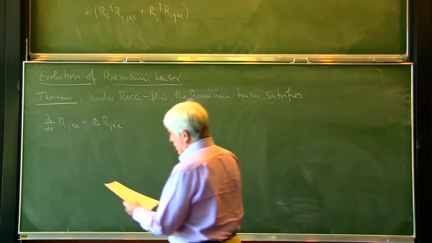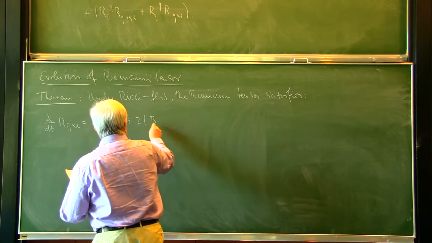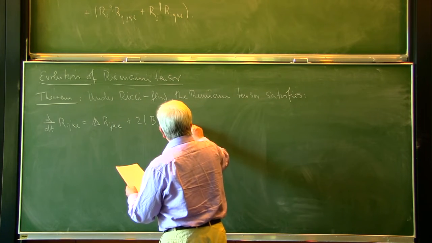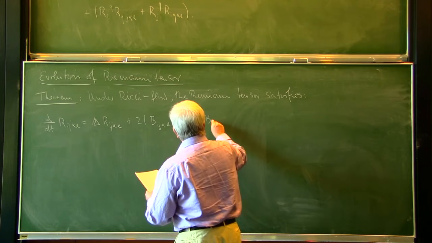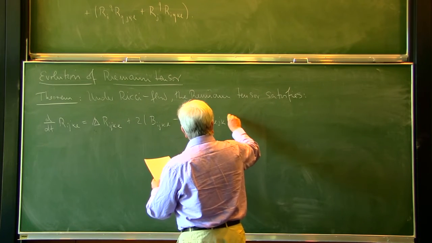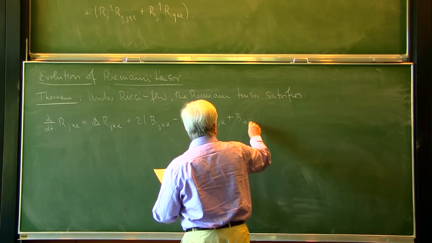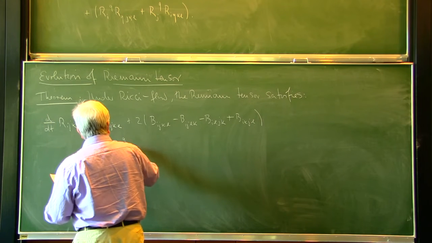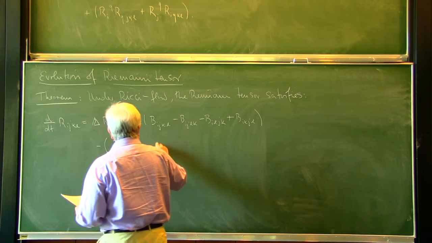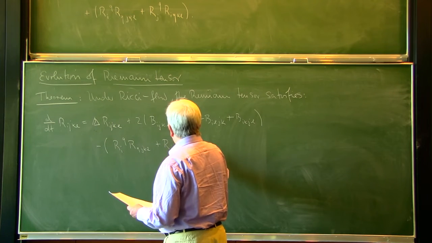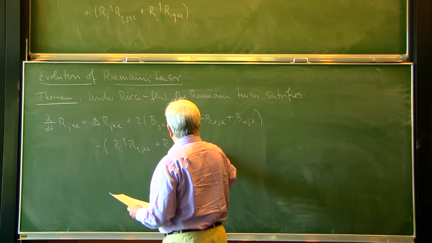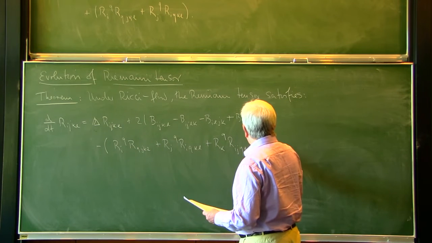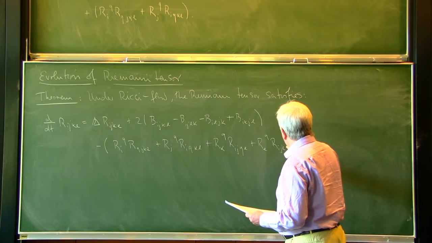So we get the Laplacian plus 2 times these quadratic terms, Bijkl minus Bijlk minus Biljk plus Bikjl, and then we get these terms here, minus Riq Rqjkl plus Rjq Riqkl plus Rkq Rijql plus Rlq Rijkq.